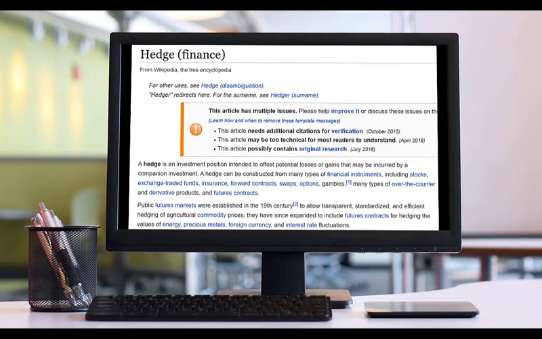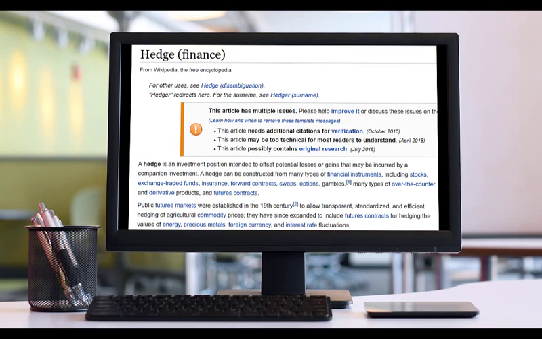A hedge can be constructed from many types of financial instruments, including stocks, exchange-traded funds, ETFs, insurance, forward contracts, swaps, options, and even gambles. And yes, Bitcoin or cryptocurrencies, many types of over-the-counter and derivative products and futures contracts themselves.